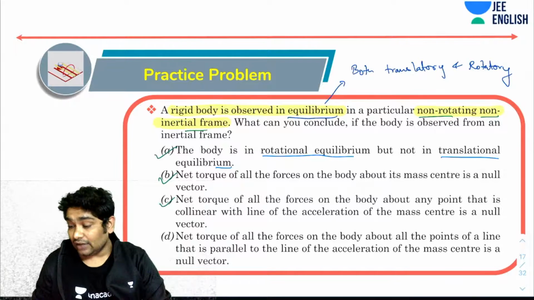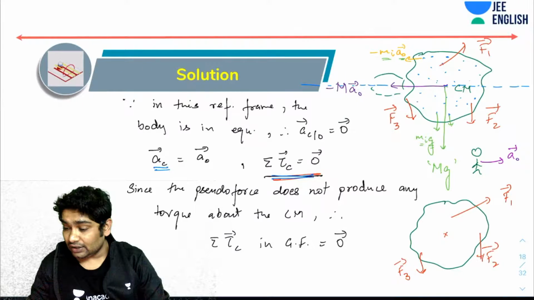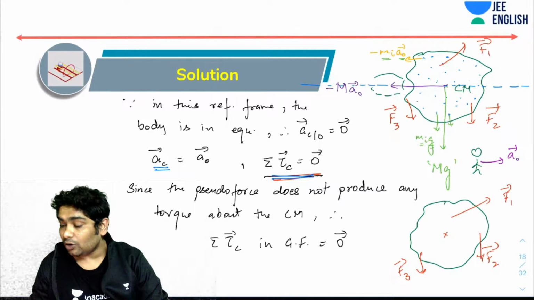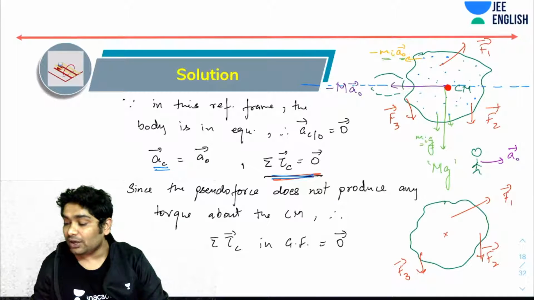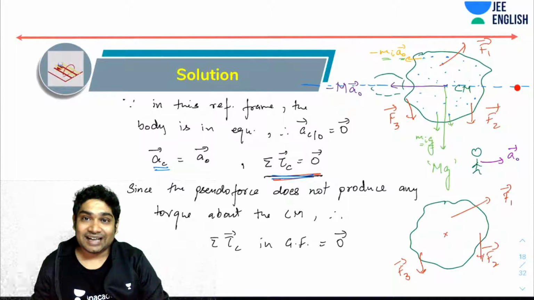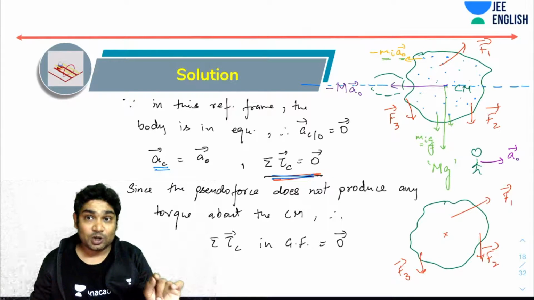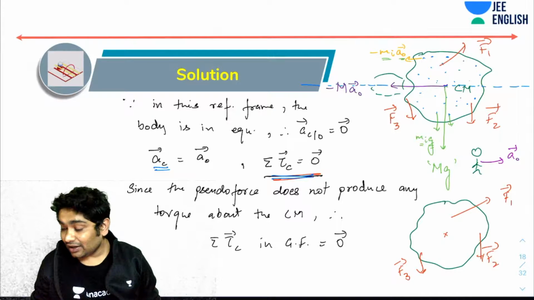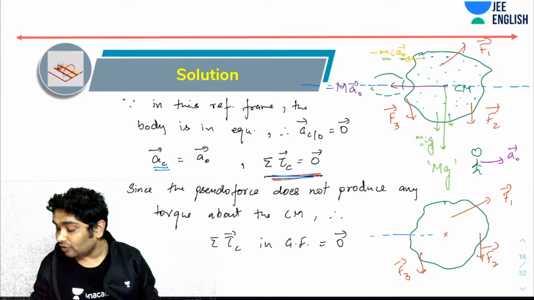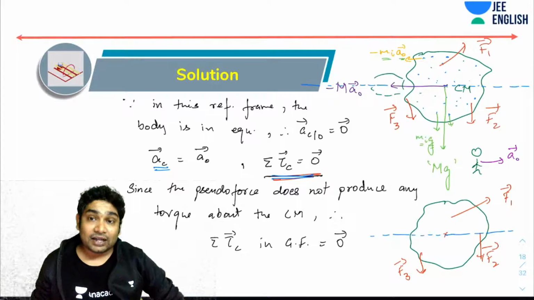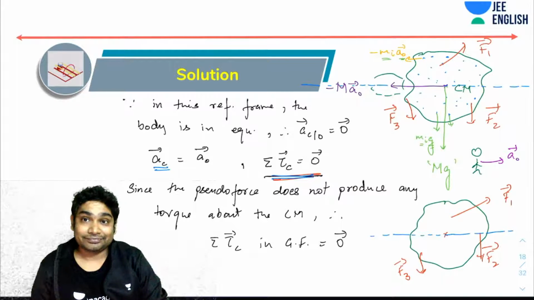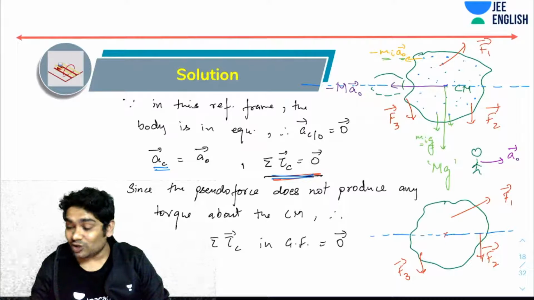Third is that I can realize in this reference frame, the non-inertial reference frame, the net torque about all the points on this entire line would be 0. And since the pseudo force does not produce any torque about any of these points, along this straight line, even in the ground frame, all the other forces must be producing 0 torque because the pseudo force was never producing any torque.